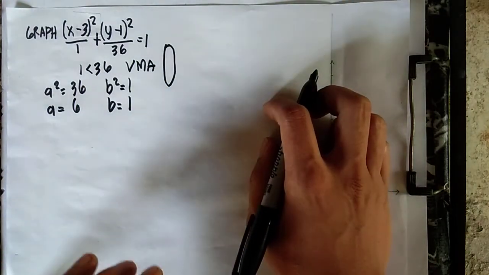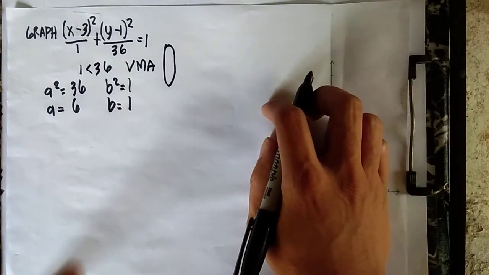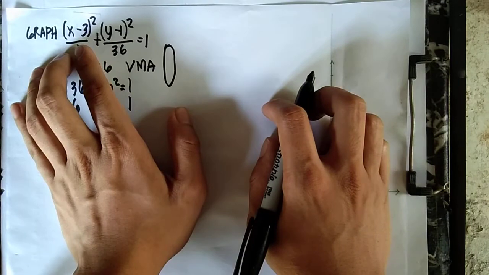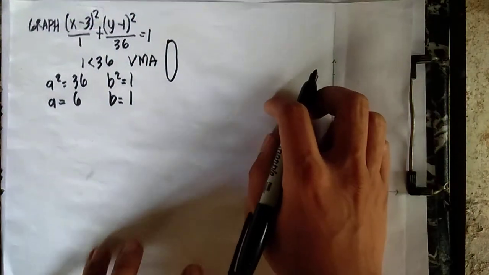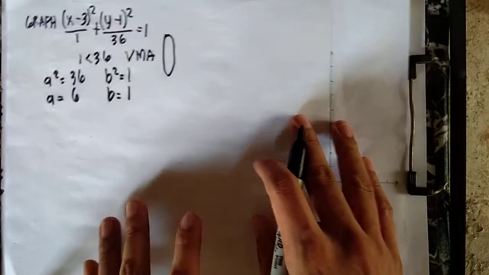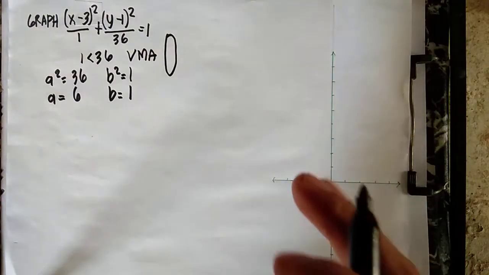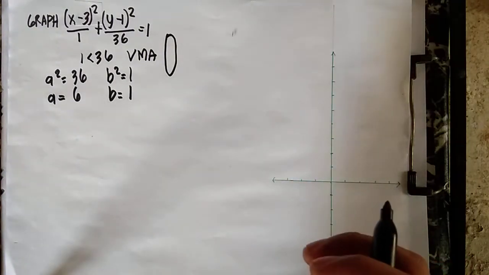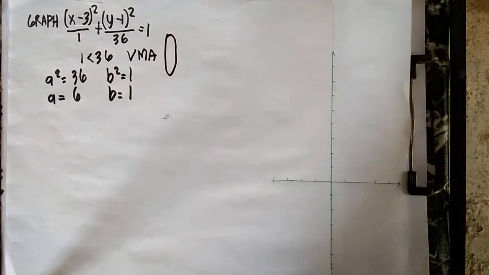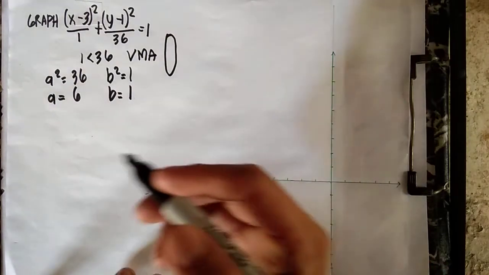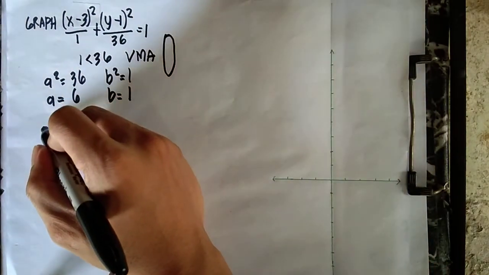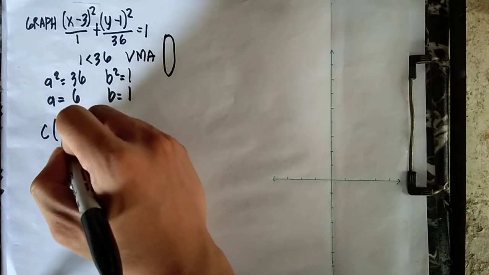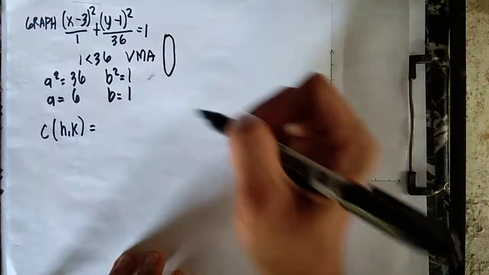Pwede tayo mag-graph. Pero ang kaibahan nito, meron na nga coefficient yung ating x and y. So, yung origin niya is not at its center or yung center niya is not on its origin. But ating itatranspose yung ating given values. So, yung ating center is at h, k.